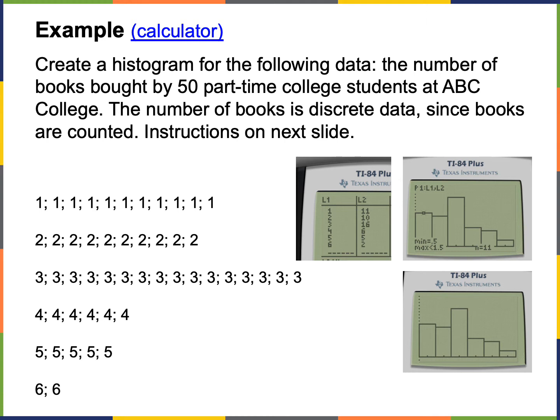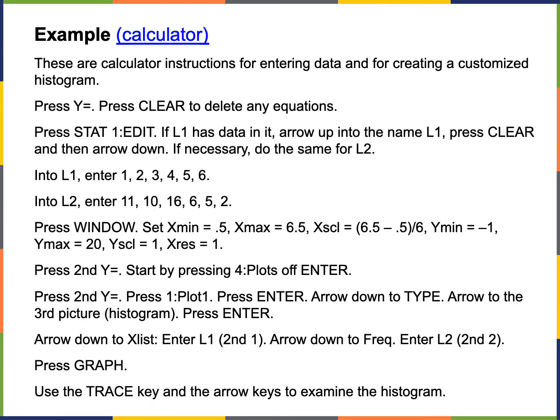Okay, so that's the first thing I'm going to show you, and it's on the next slide right here. So first we hit Y=, and then we hit clear. We hit STAT, Edit, and if you have data in L1, you need to go into the name L1 and press clear, but if not, you enter 1, 2, 3, 4, 5, 6, and then L2, we do the same thing.